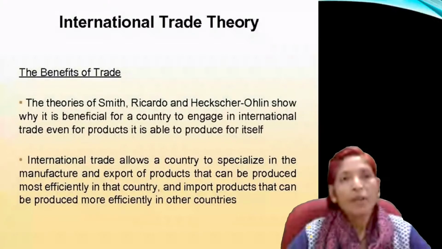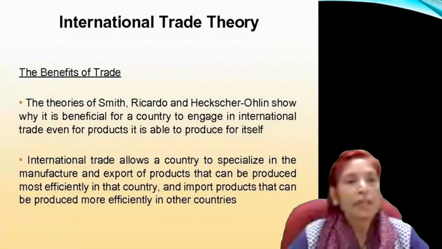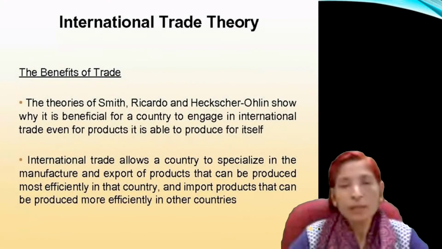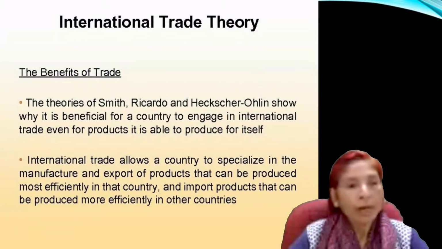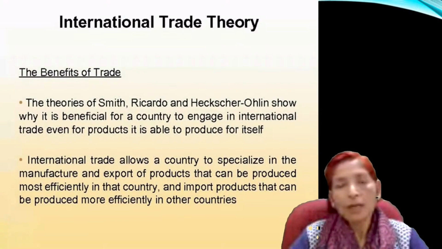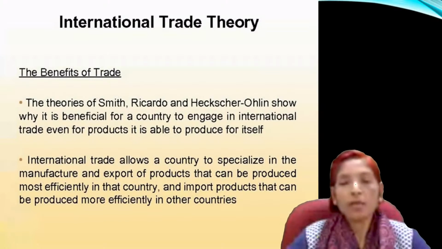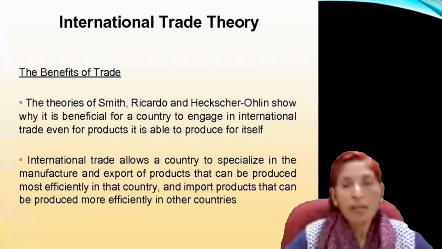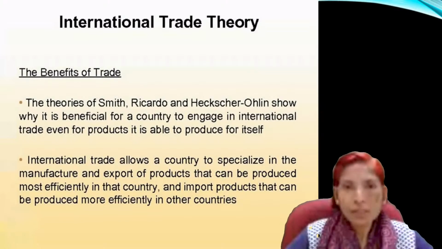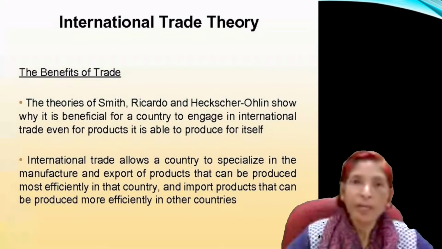Next is benefits of trade, how we can get benefit from international trade. The theories of Adam Smith, Ricardo, and Heckscher and Ohlin show why it is beneficial for a country to engage in international trade, even for products it is able to produce for itself. If we are able to produce goods and services for our country's people, then why do we produce more and engage in international trade?